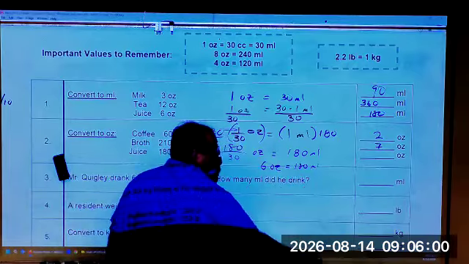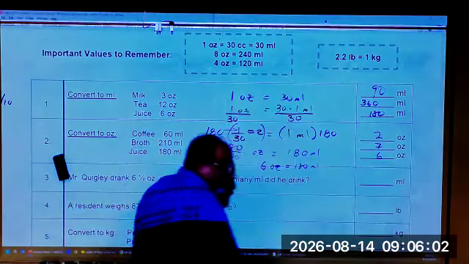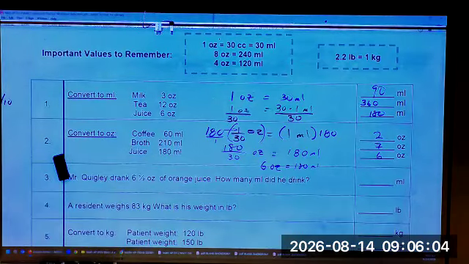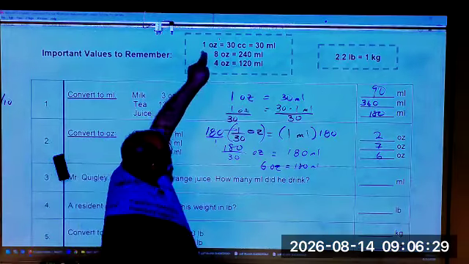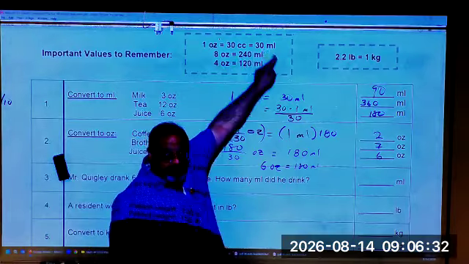You can just look at the first question. But here's the other way you can attempt this, as if we were just starting it fresh. Not all the numbers come out this clean. You might be taking a practicum in terms of getting your license, and they'll give you this: 1 ounce is 30 milliliters.